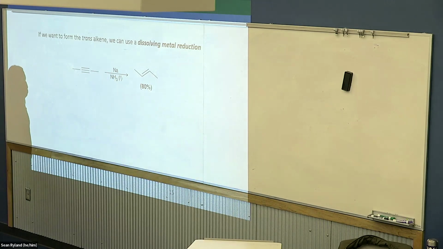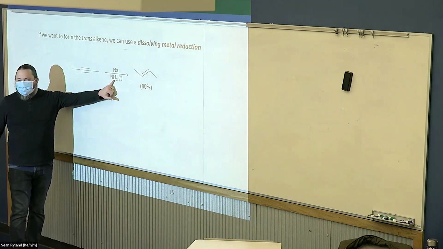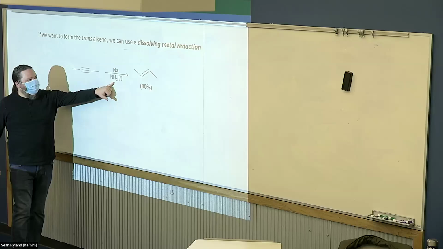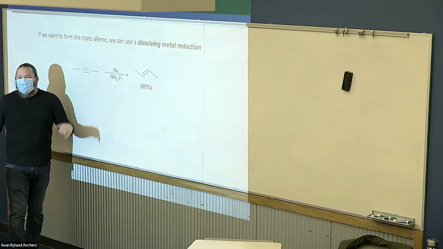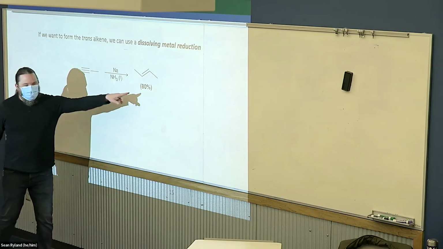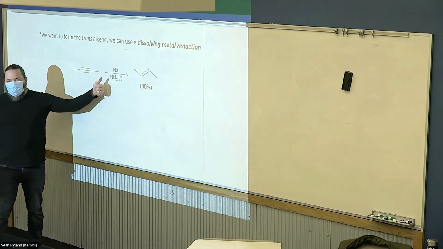It's called the dissolving metal reduction. This is not ammonia in a solution, this is liquid ammonia, which boils at a low temperature and is really nasty. So liquid ammonia with solid sodium metal. And it still only gives you an 80% yield. So one, you've got to keep it really cold.